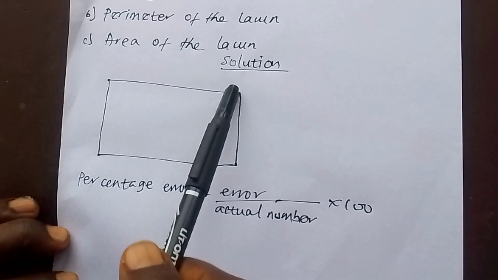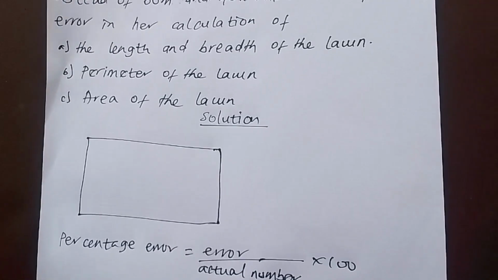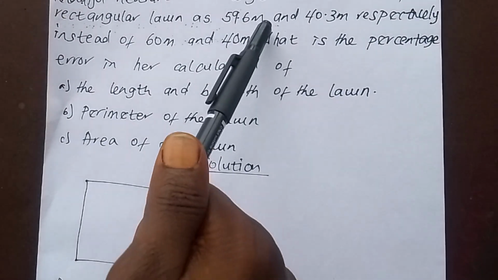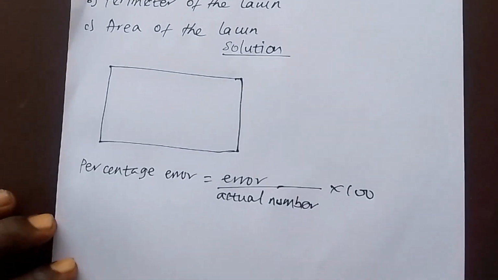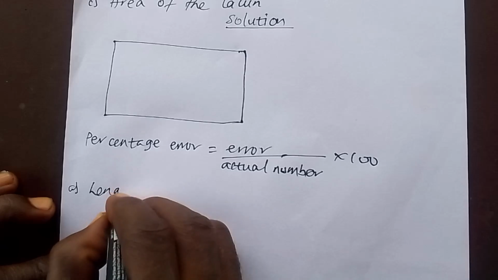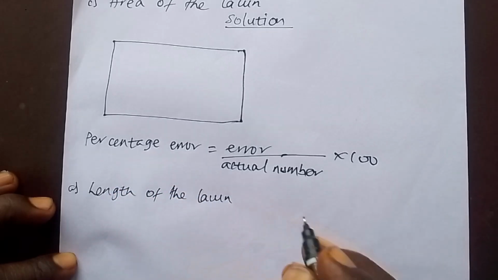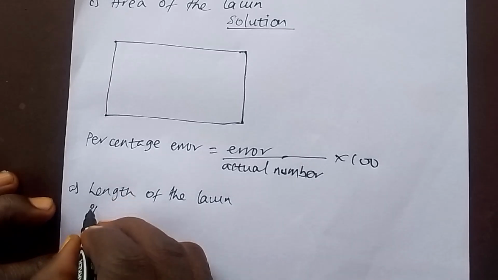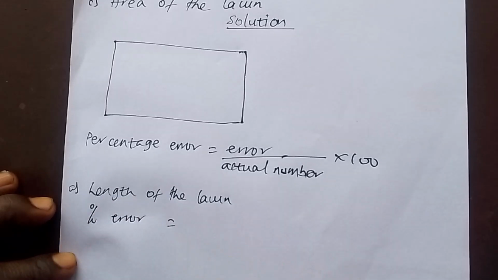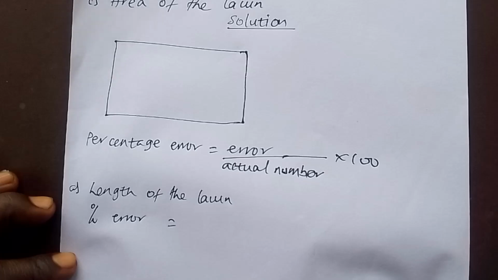This is the length. Instead of 60 as the length, Khadija obtained 59.6, as you can see from the question. So we are starting with A, the length of the lawn. Now the error is the difference between the actual and the wrong one, or the approximated one.